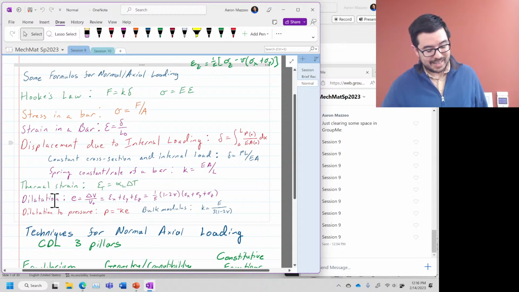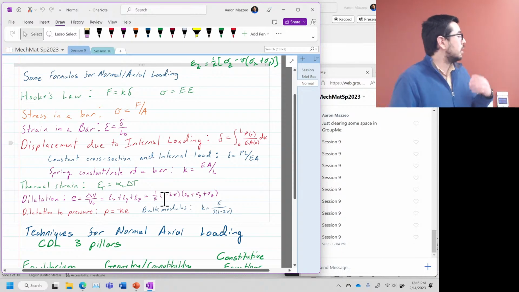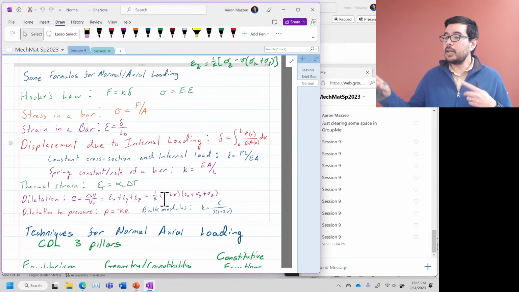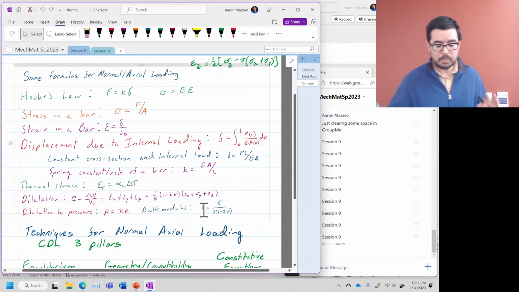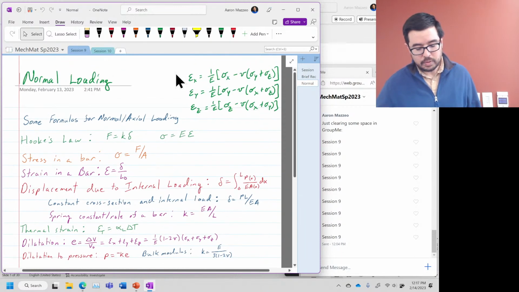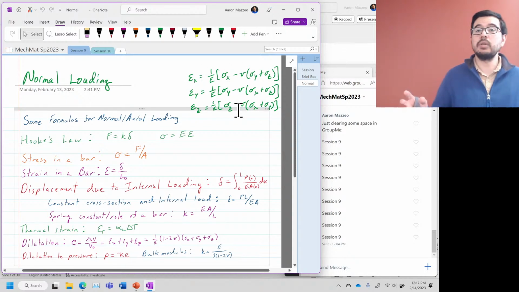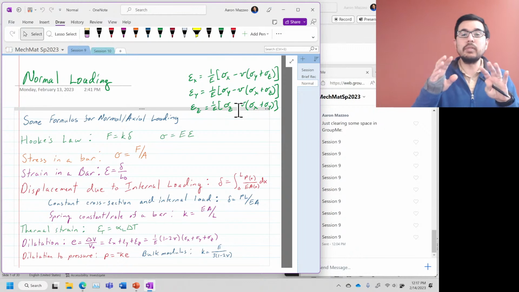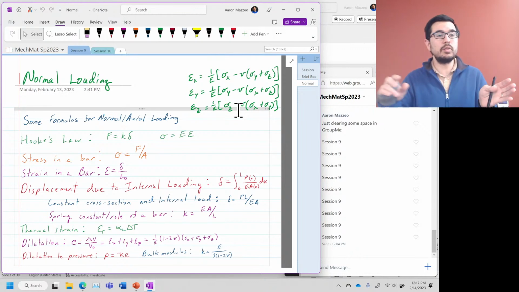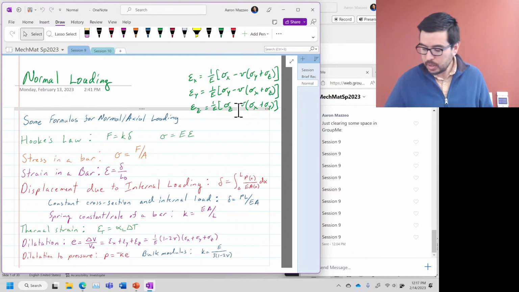We've discussed dilatation, volumetric strain. We've discussed the relationship between dilatation and pressure related through the bulk modulus. So these are some of the big equations. And then we also have these material property relationships with the Poisson ratio. It may not be the all-inclusive list, but from these basic equations, I think you could get to most of the relationships that we need. Using and manipulating them, that's the big puzzle, and that's the big question.